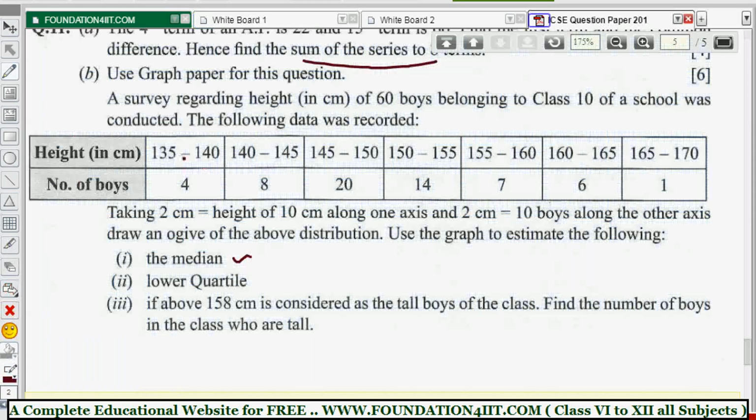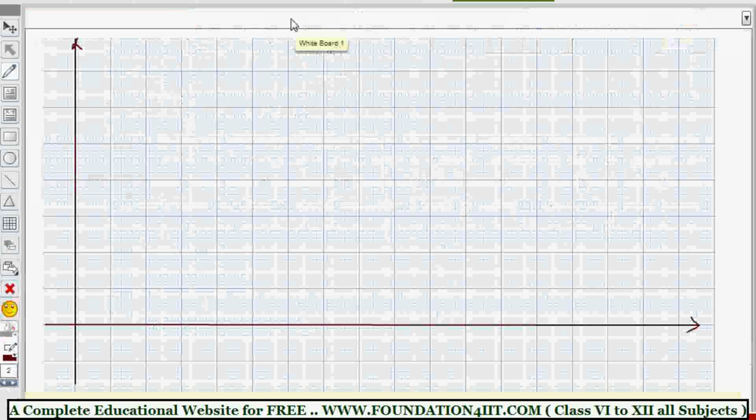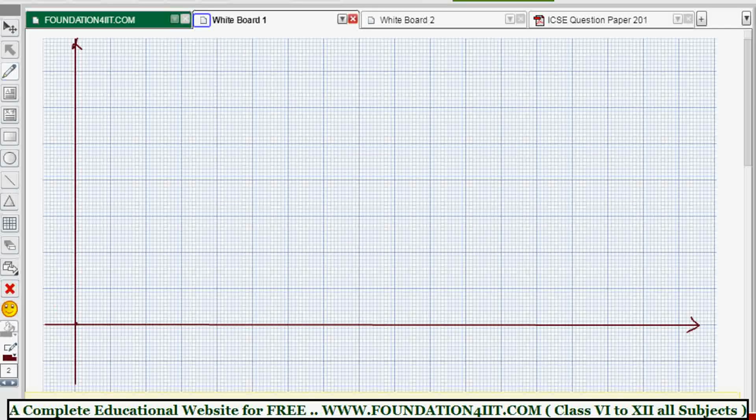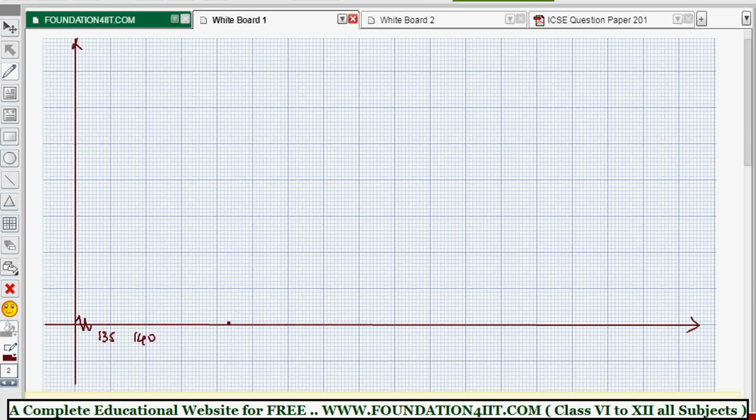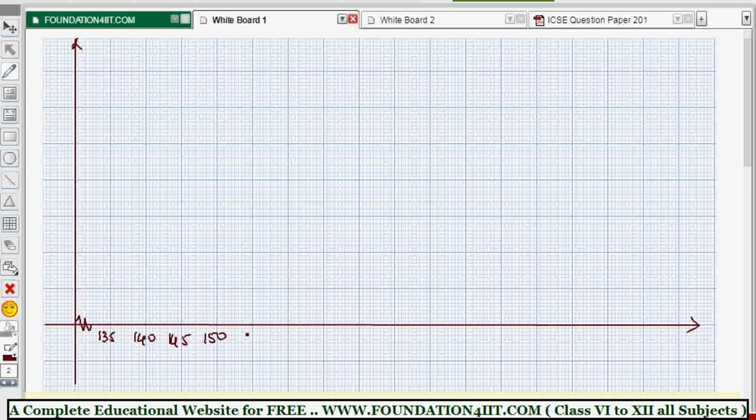We started from 135. The first column is on the x-axis, the second is on y. So the first starting point is 135, not from 0. So you can use the break symbol. We'll start 135, 140, 145, 150 and 155, 160, 165, 170.